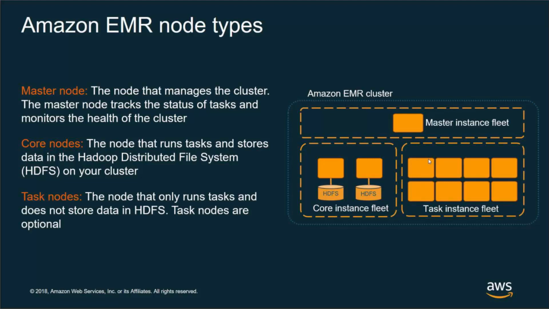Because HDFS doesn't run on the task nodes, they're much more elastic, so it's much easier to just add compute to the task instance fleet, and that will just run more Spark executors for you without thinking about the HDFS cluster and needing to resync and re-add or remove instances to the HDFS cluster. So the task instance fleet will only run your Spark executors, and this will allow you to achieve much higher scale to decrease the time your jobs run.